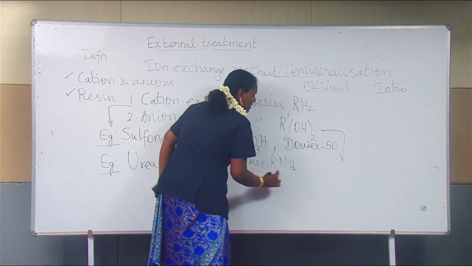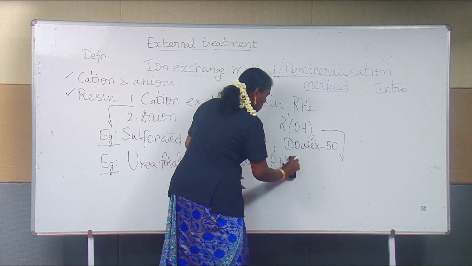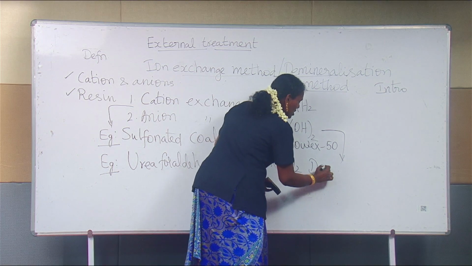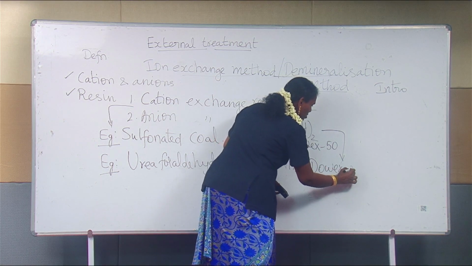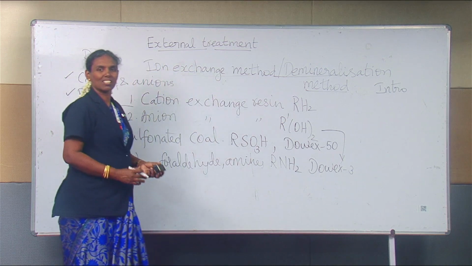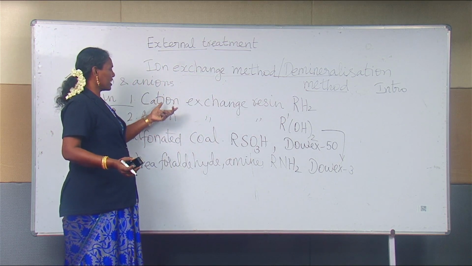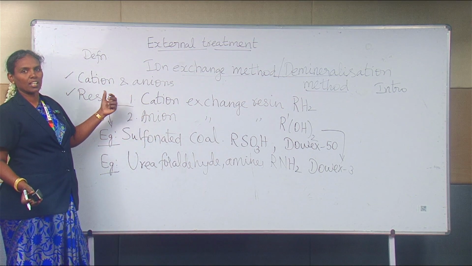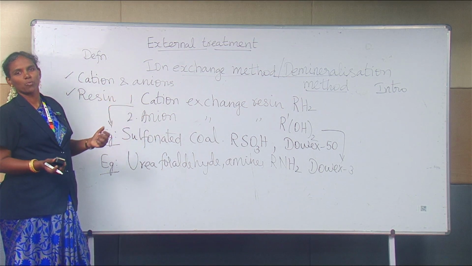Commercially available, it is called DOVAX 3. So this is the example. This is how you have to write the resin part. Resins are long chain, cross-linked organic polymers, and they are also insoluble in water.